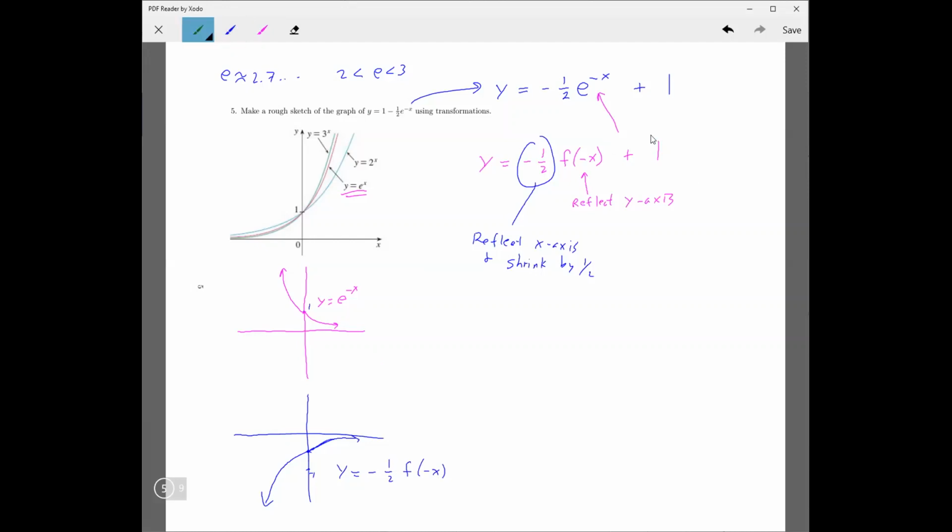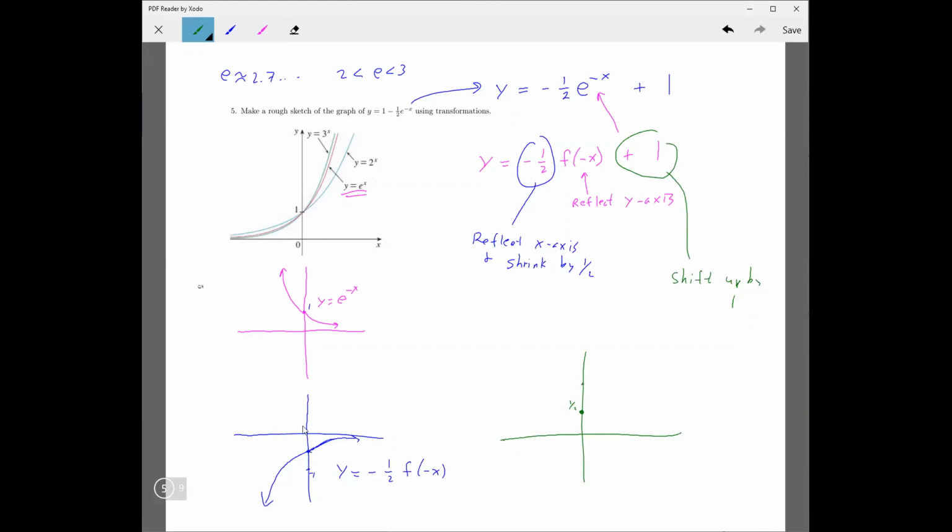And then finally, this last part, that's going to shift it up by 1. So this minus 1/2 goes up to the plus 1/2 there. And the raw exponential functions, like 3 to the x, 2 to the x, e to the x, have a horizontal asymptote along the x-axis.